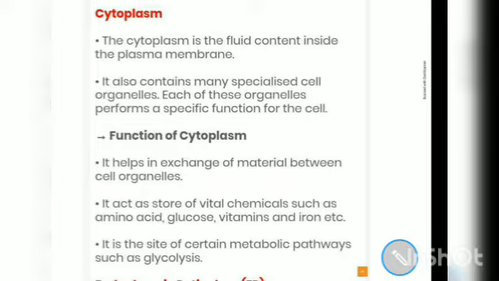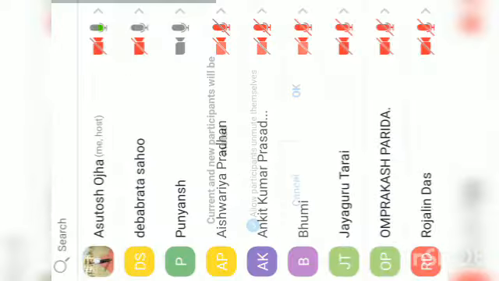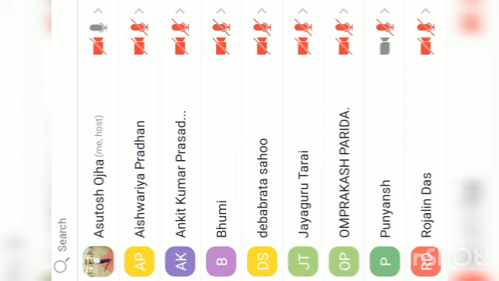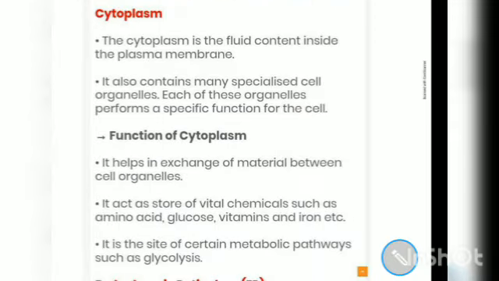The function of cytoplasm is that it helps in exchange of materials between the cell organelles, and it acts as the store of many chemicals, like amino acids, glucose, vitamins, ions, and certain enzymes and hormones.